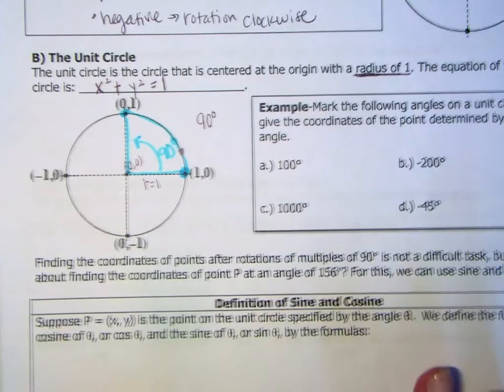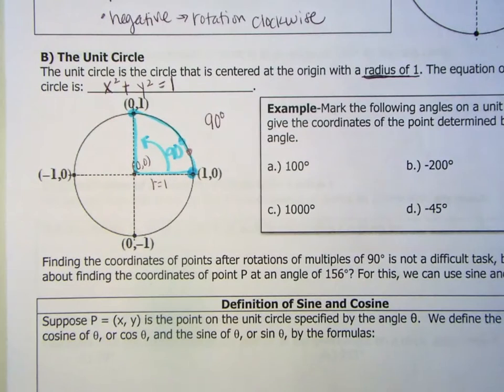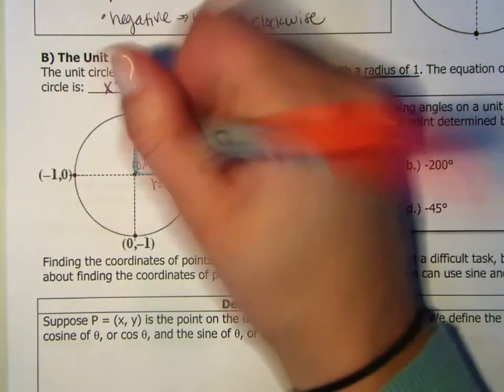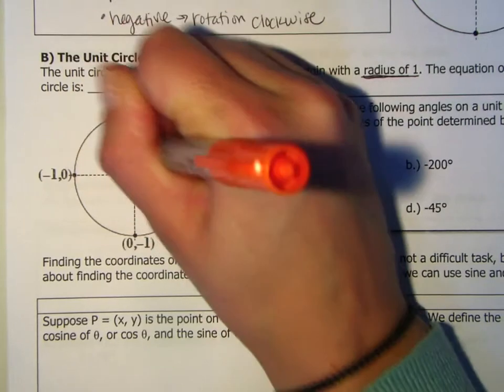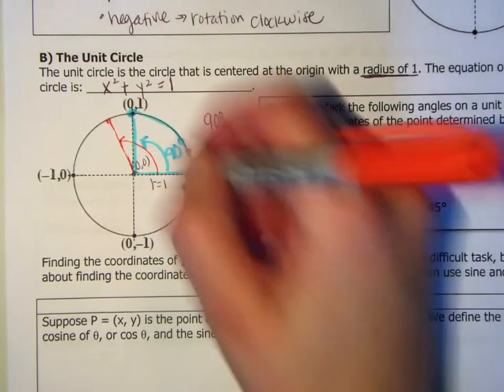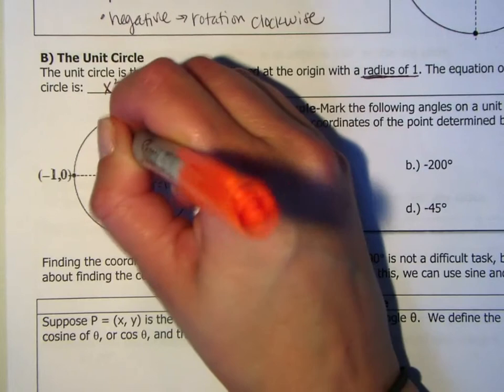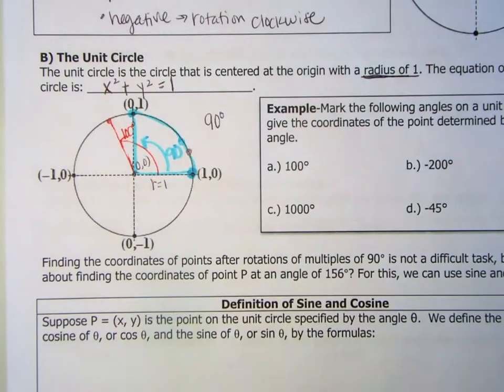Eric, run up to the screen and show me about where 100 degrees would be. Yeah, that's good. So 100 degrees, we know we're going past 90. So you show the rotation with that arrow, and then we can label the actual angle measure.